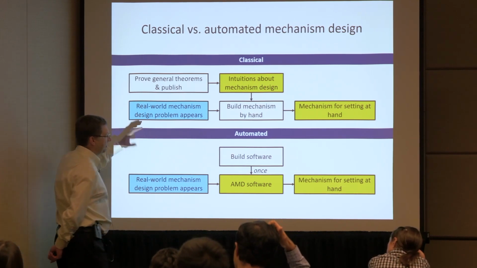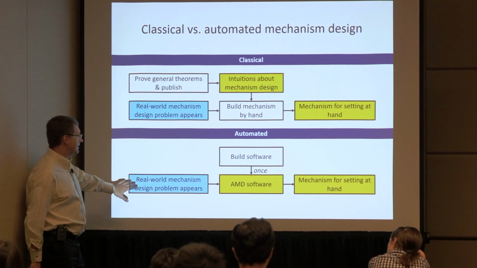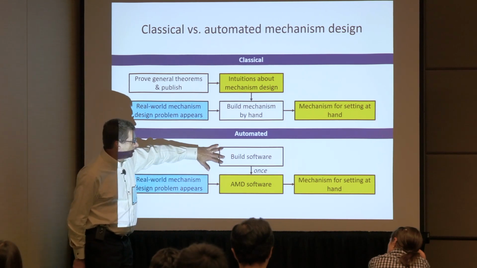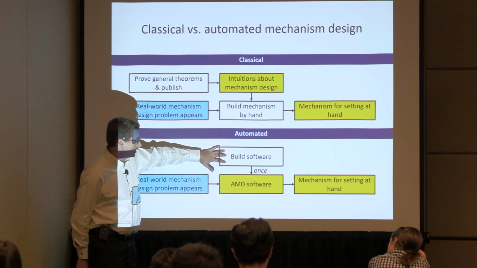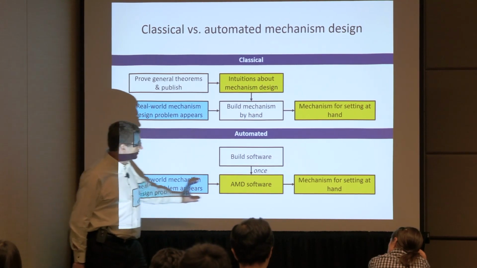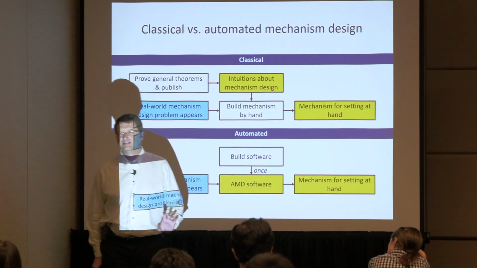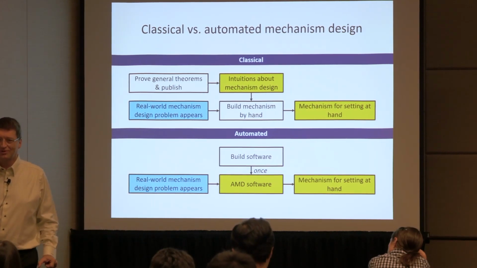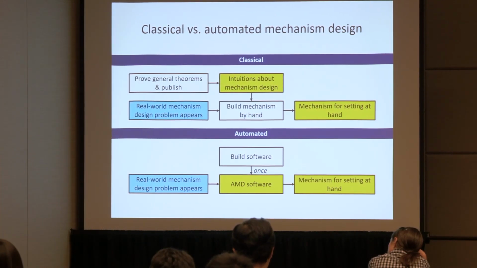Here we're proposing a very different approach. We're taking the approach of building an automated mechanism design software once, and then we take the real-world problem, we feed it into the software, and that spits out the mechanism for the setting at hand. Okay? And of course you can do hybrids.